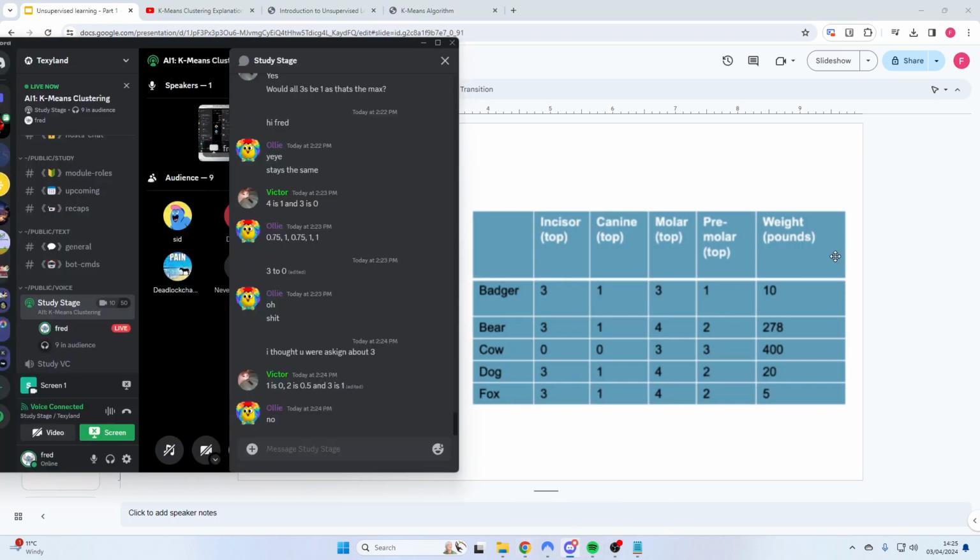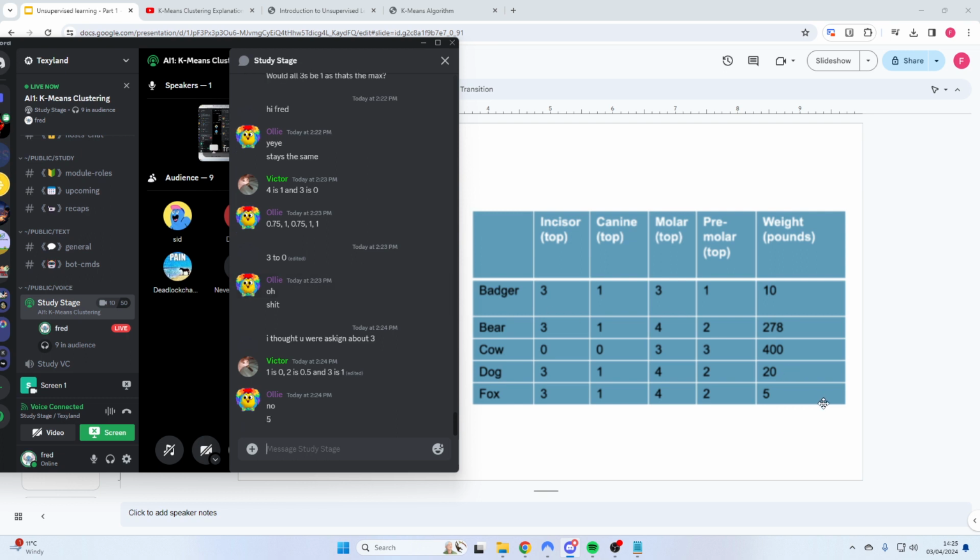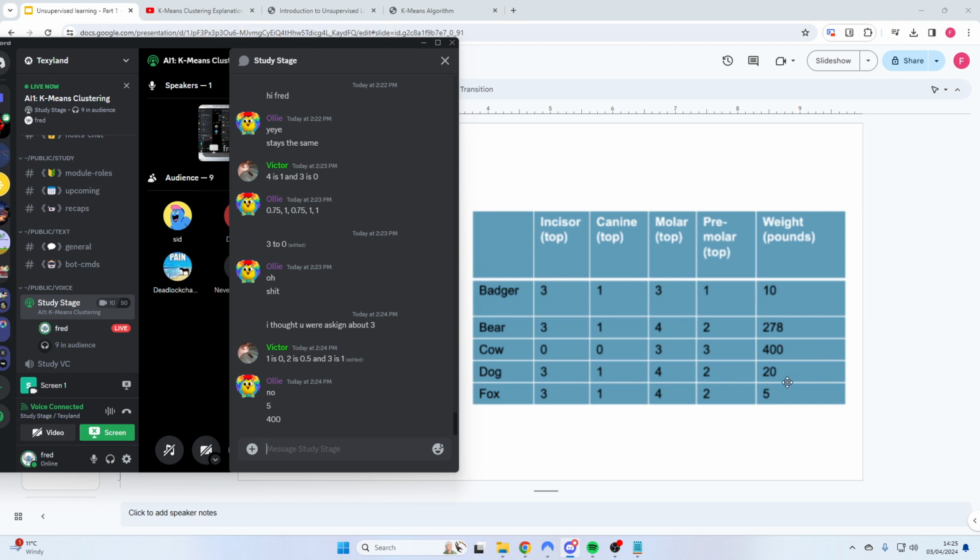Okay, now we come to weight pounds. So this one's a bit more complicated. I don't have a calculator on me, but that's fine. What's the minimum here? 5, and the maximum 400. Yep, so everything's going to be scaled in between there.